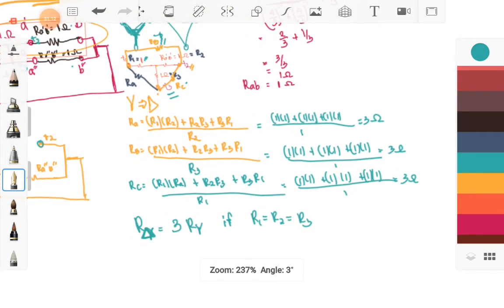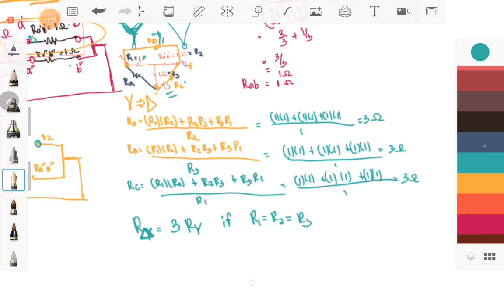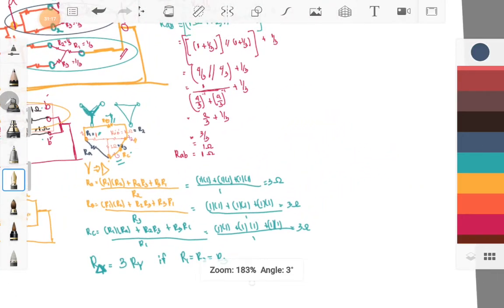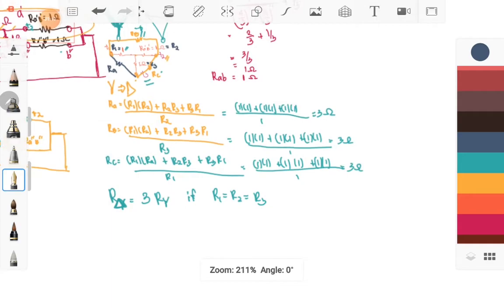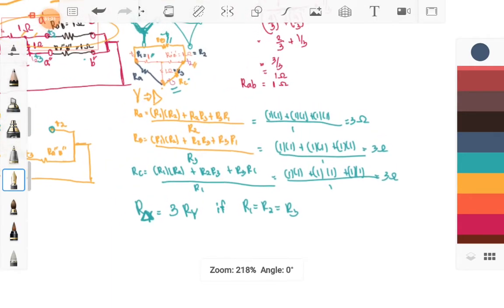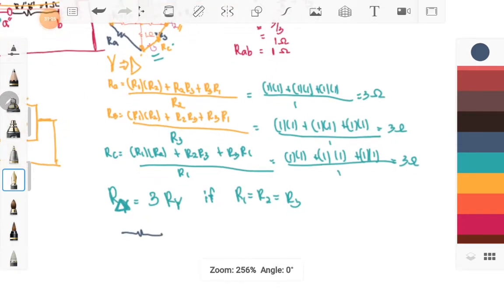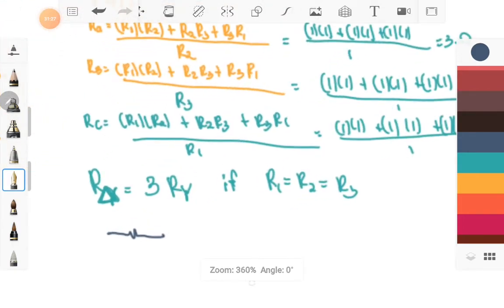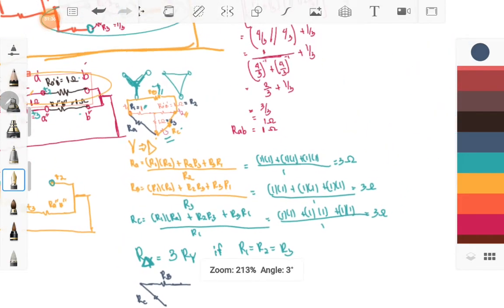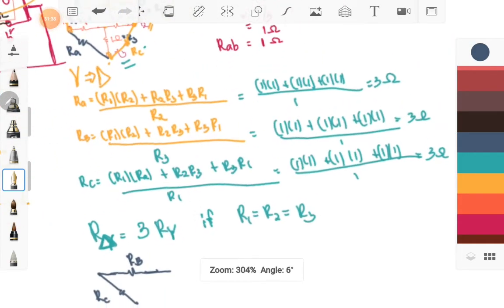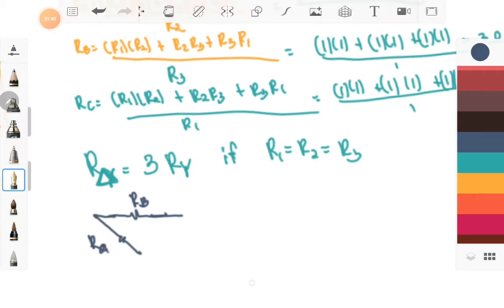Therefore, your Y connection is already in delta form, with terminals RB, RA, and RC.